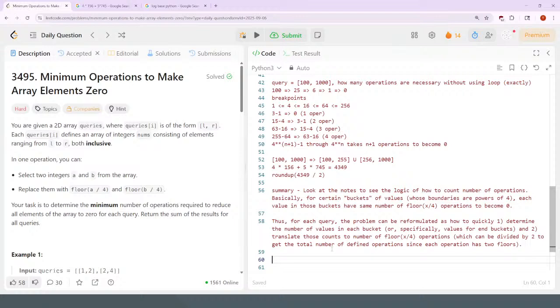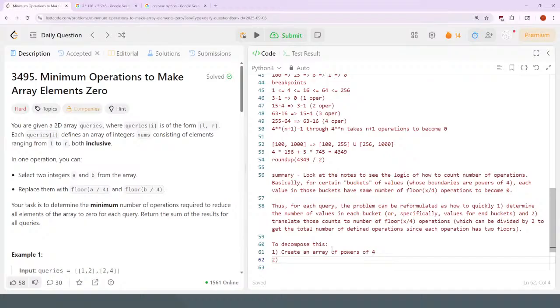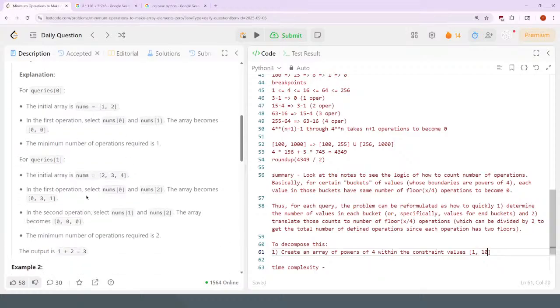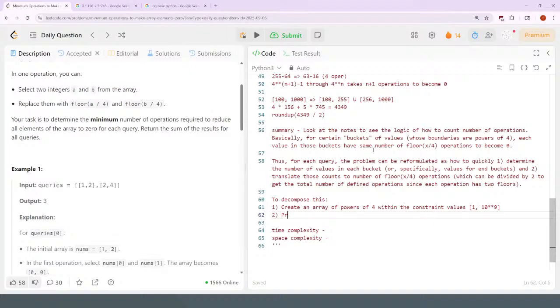So to decompose this: 1, create an array of powers of 4. Within the constraint values, 1 to 10 to the 9th, I think it was. And then 2, pre-calculate an array of full ops.